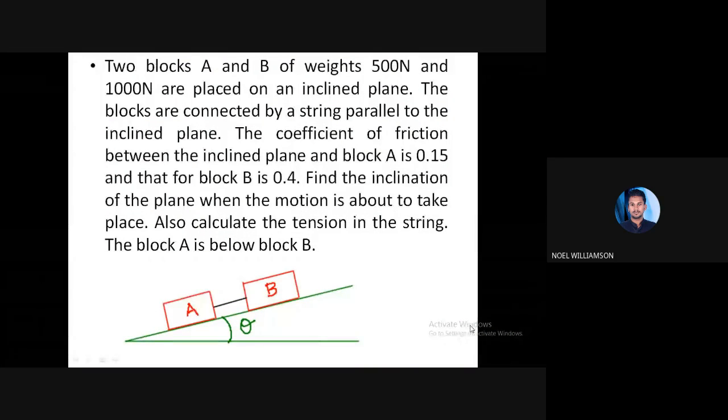Okay, this is your problem, a similar problem.